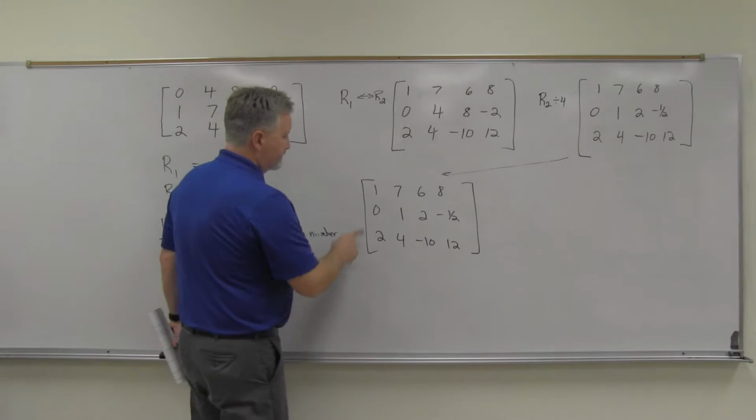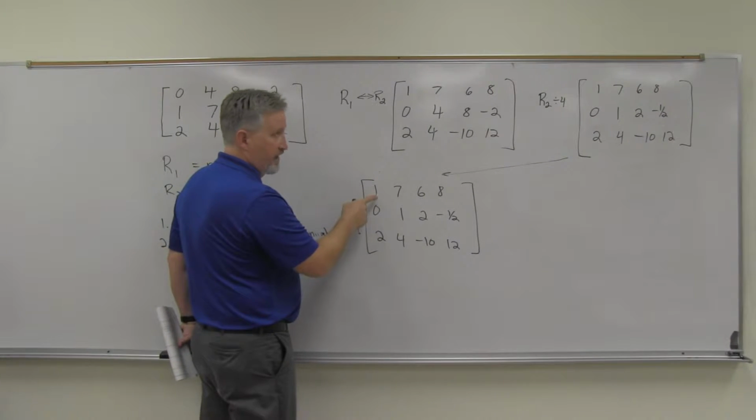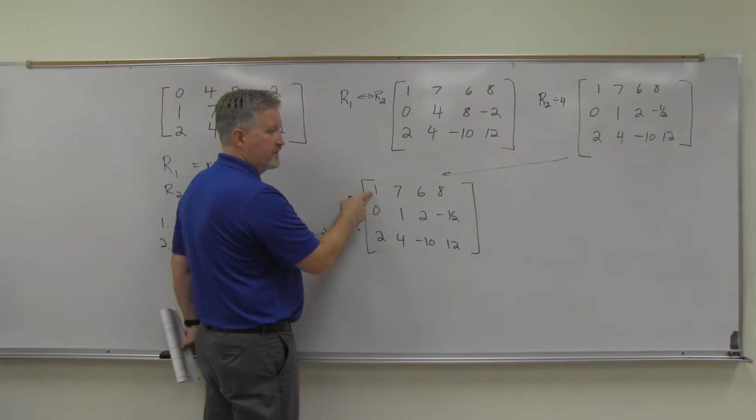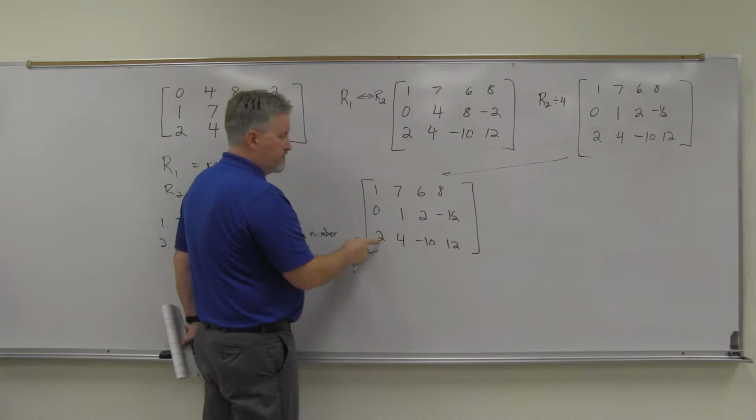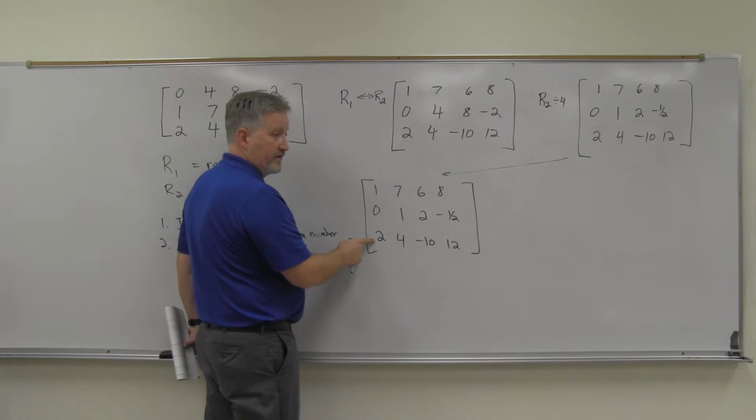So here's what we've got to do. Since the only thing that matches up with the 2 here is the 1, let's think about what I could do with row 1 and combine it with row 3. Well, if I multiplied row 1 by negative 2 and then added it to row 3, to replace row 3, that's going to get that to be 0, right? See what I'm saying?